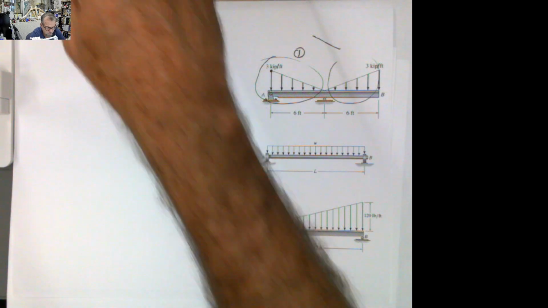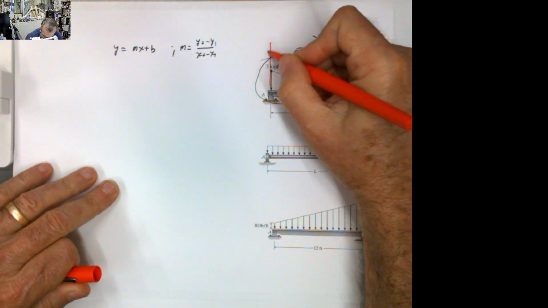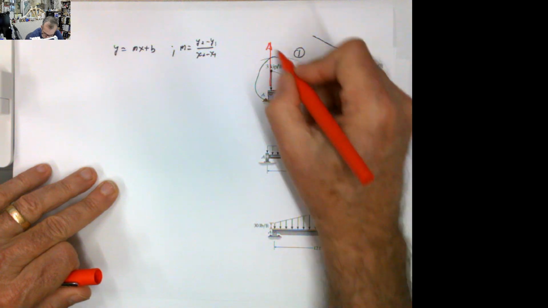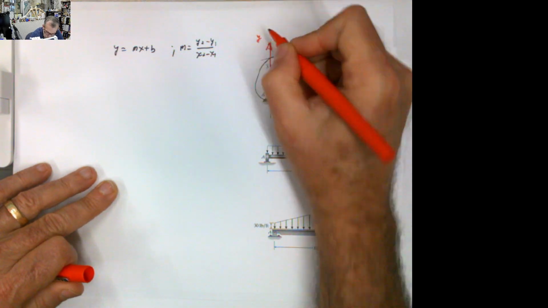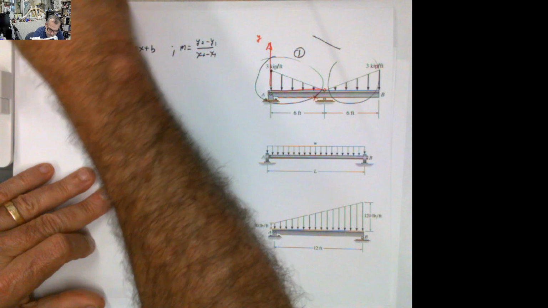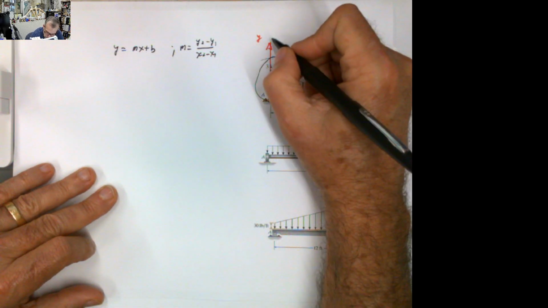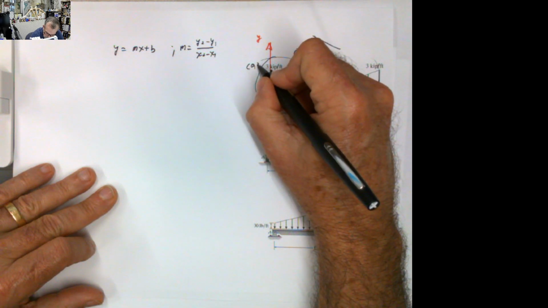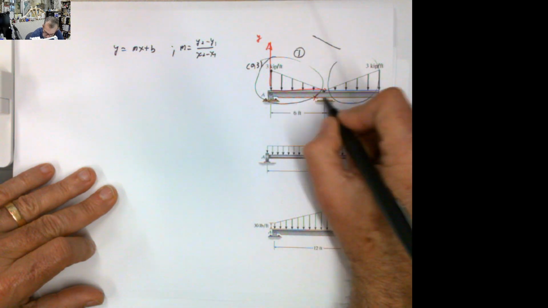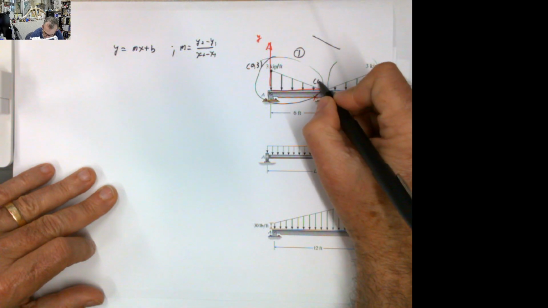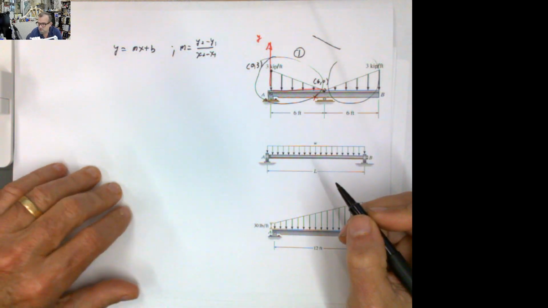Let's assume that you put your axes here, x and y. For that load, this point will be 0 in x, 3 in y, so that point will be (0, 3). And this other point here will be (6, 0).